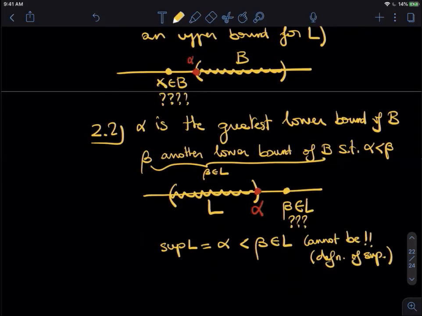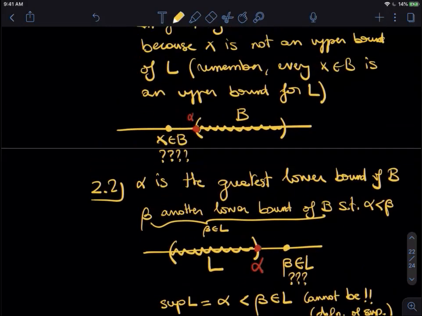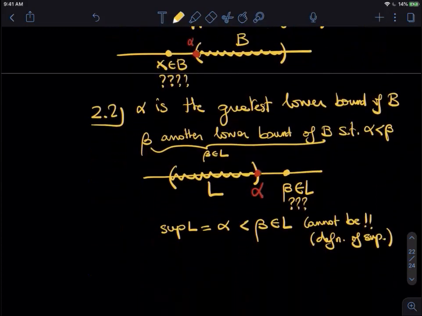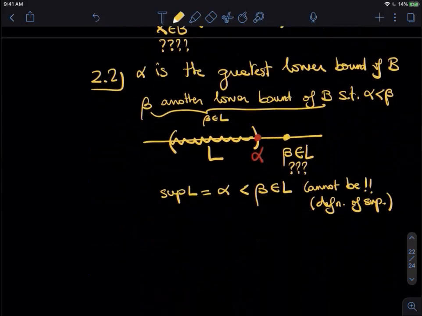So by definition of largest, that cannot be. And this is it. So we have proved that alpha is the greatest lower bound of B, and that means it is a lower bound of B. That means alpha is the infimum of B. And this finishes the proof.